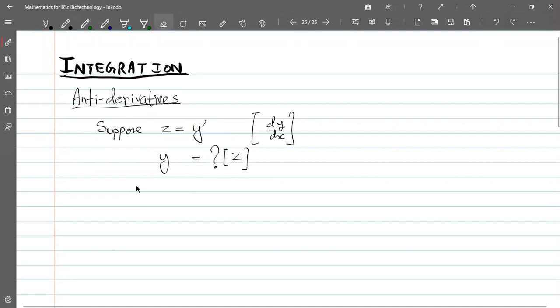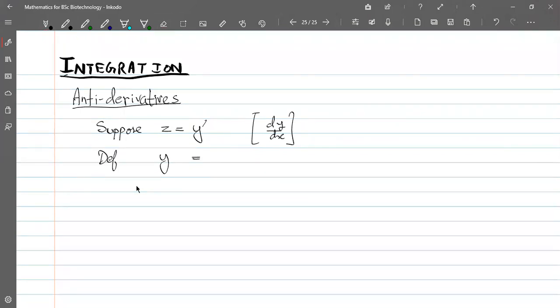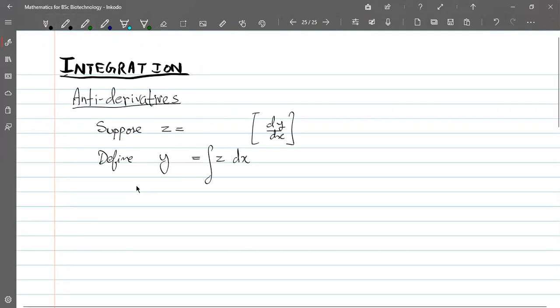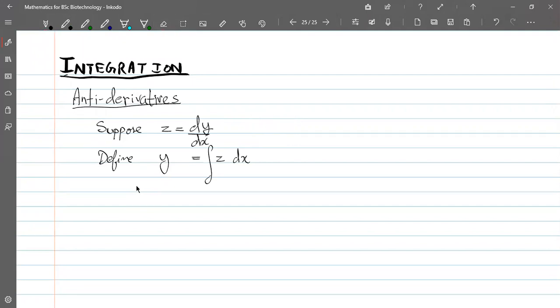So what we'll write is y is equal to the antiderivative of z with respect to x. Again, here I'll use this notation, dy by dx, so that it's clear that it's differentiation with respect to x.